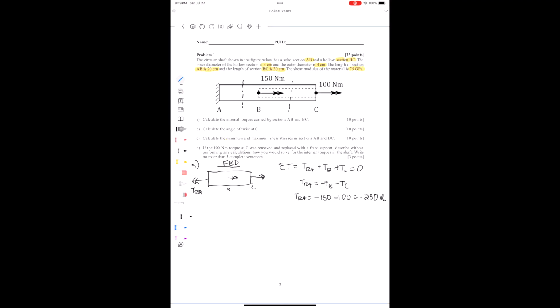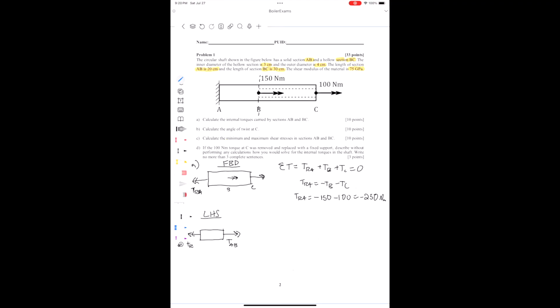We're going to make one cut at section B. So for the left-hand side, we're just going to have TAB, and that's the internal torque, and then TRA.